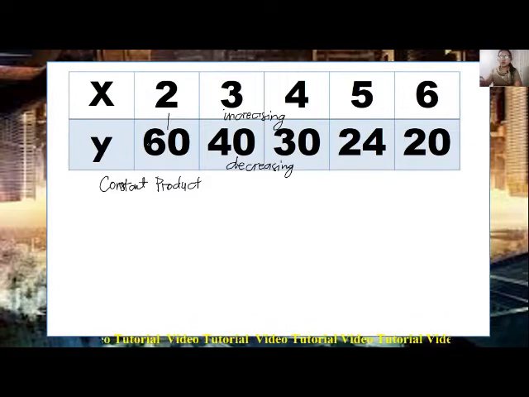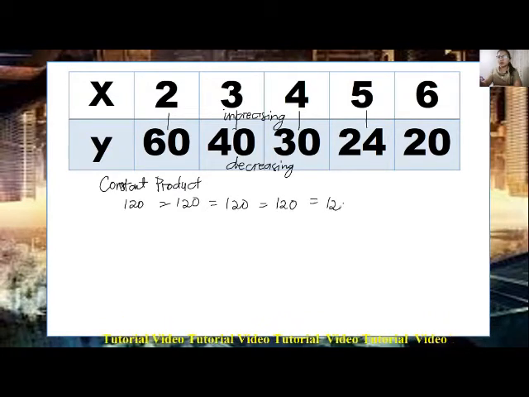So that is 2 times 60, 120. 3 times 40 will also give us 120, as well as 4 times 30, 120. 5 times 24 and 6 times 20 will also give us 120. So that is what we call the constant product. If we have the constant product, therefore we are sure that this is an inverse variation.